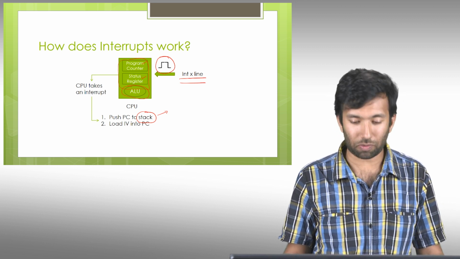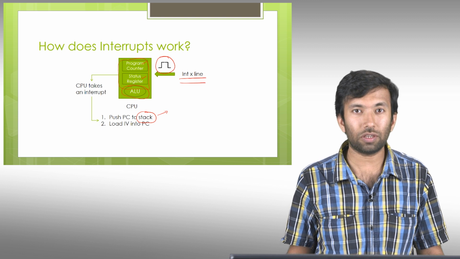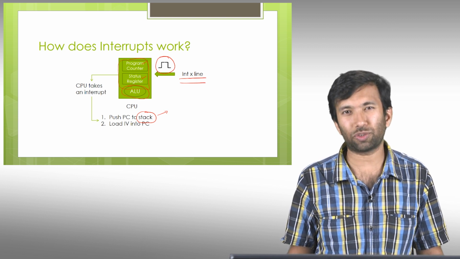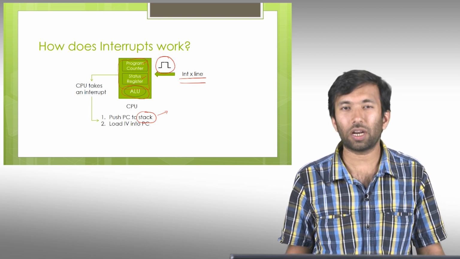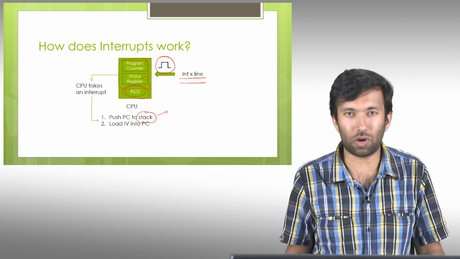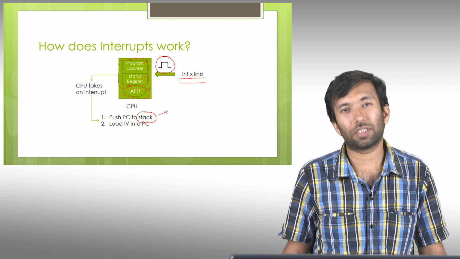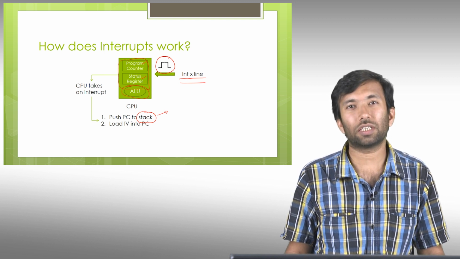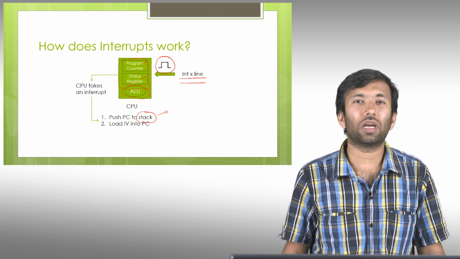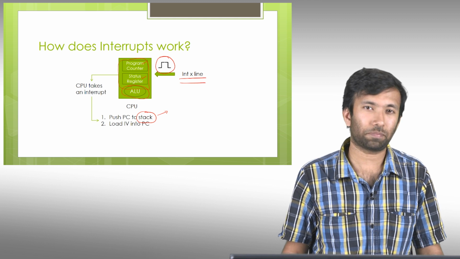For this particular video, let us consider the stack as some scratch pad memory where a program can store whatever it wants. So, when a CPU takes an interrupt, the first thing it does is take the program counter and push it into the stack.